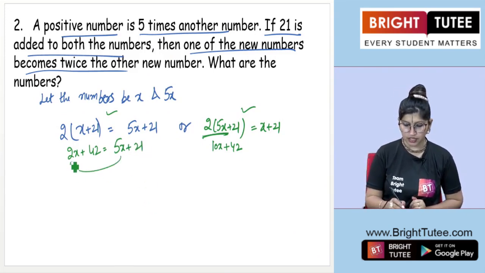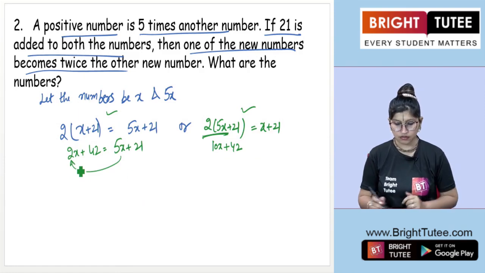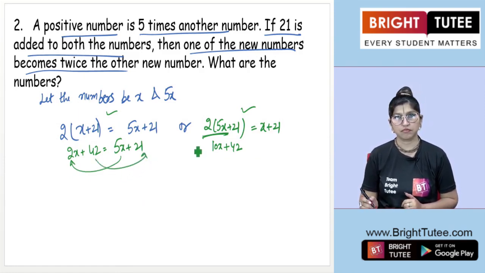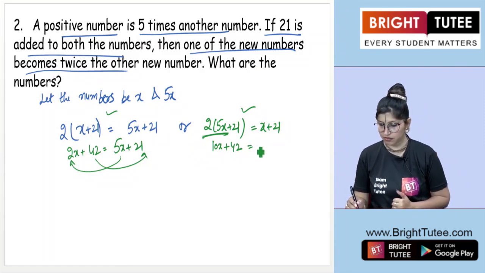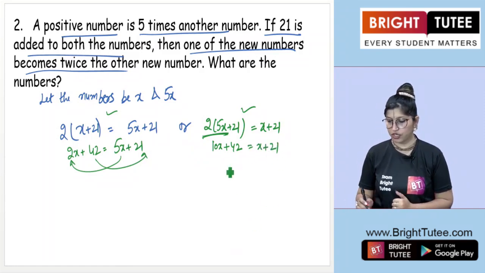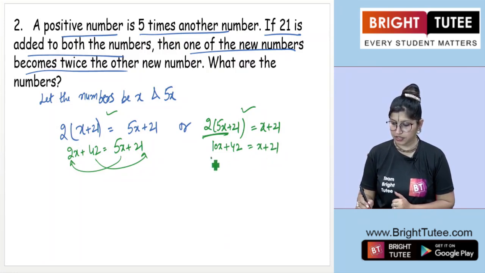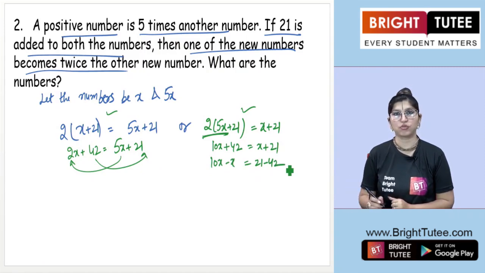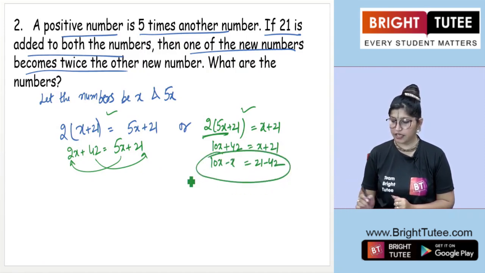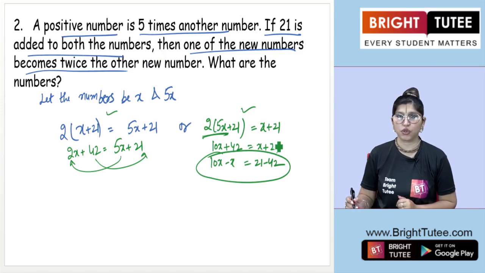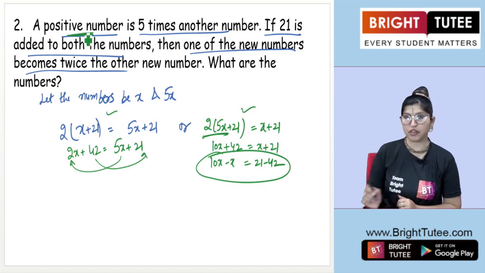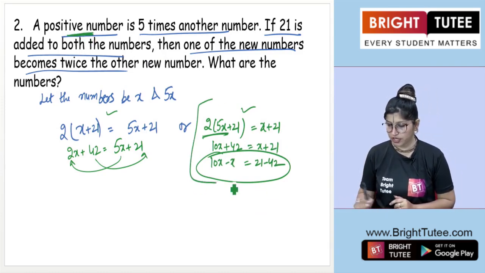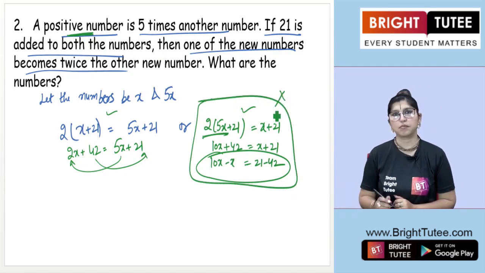Now if I subtract, what do we get? Over here we will take 10x minus x and 21 minus 42. Now whatever answer I get, would that be a positive number? No, but they talked about only positive numbers. So this cannot be the case. So we will be solving this one only.